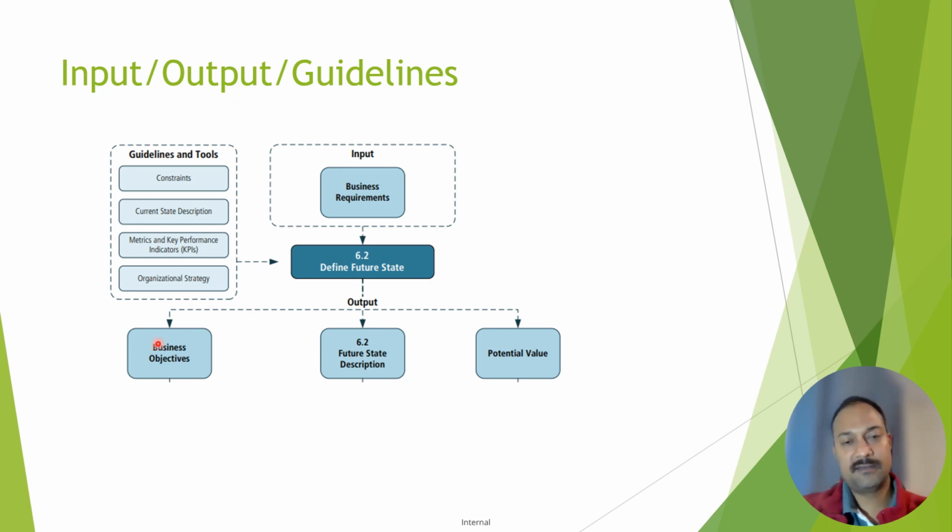Basically, this diagram I have just copied from the BABOK. It represents the inputs, outputs, and the guidelines. Guidelines and inputs are common; you can consider both as inputs for a defined future state. When we are talking about constraints, there is a budgetary constraint, and a cost and schedule constraint, that this project needs to be achieved by this date or that date.